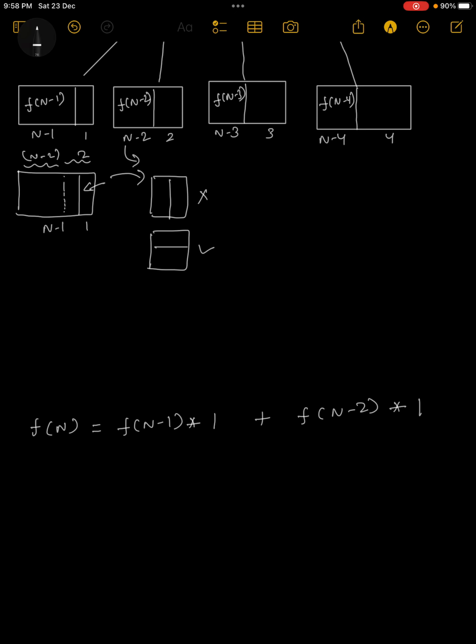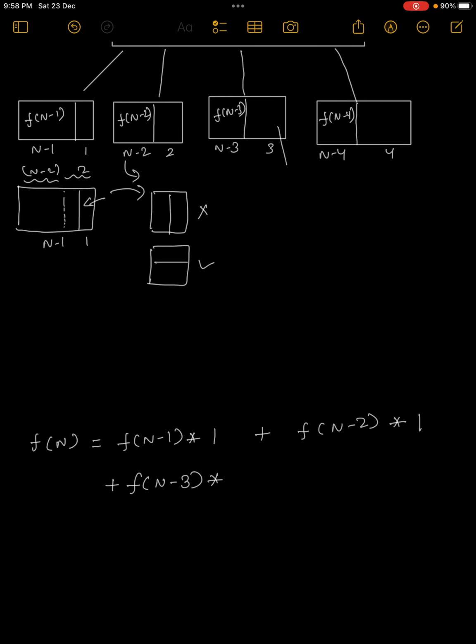Okay, plus f of n minus 3 into the number of ways to tile this area. And what will that area be? Again we need to include only the unique patterns and avoid the duplicate patterns. So what are the unique patterns?